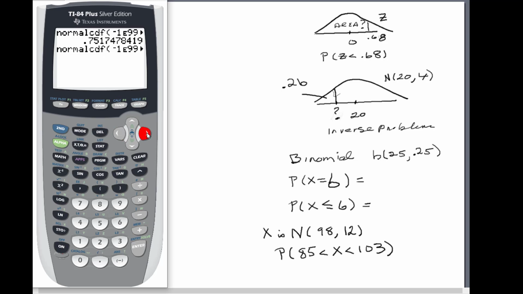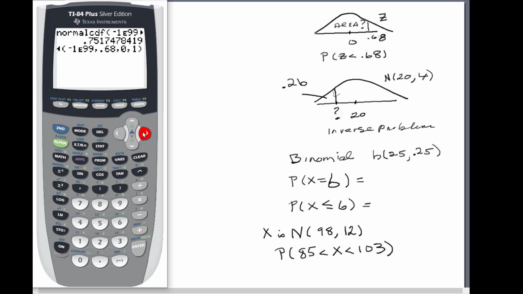Now let's start back. The first parameter is the left-hand boundary, -1E99 or negative infinity. That's followed by a comma, and then the second entry is the right-hand boundary, 0.68, followed by a comma, and the mean, followed by a comma, and the standard deviation.